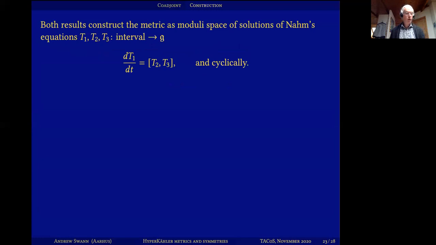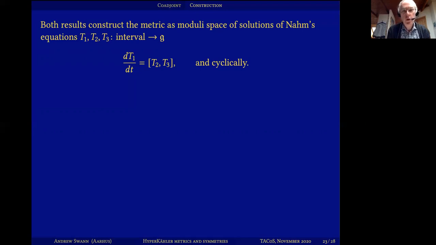So the construction is based on realizing these orbits or cotangent bundles as moduli spaces of solutions to Nahm's equations. Nahm's equations are equations on three functions defined on some interval in the real line, mapping into the Lie algebra of G. And they take the form that the derivative of one function is given by the Lie bracket of the other two.